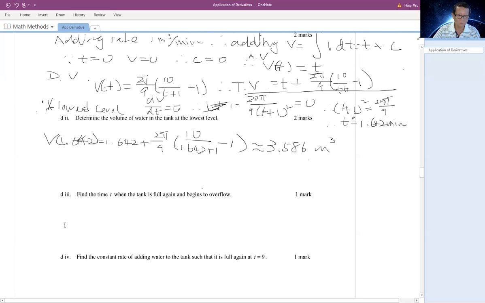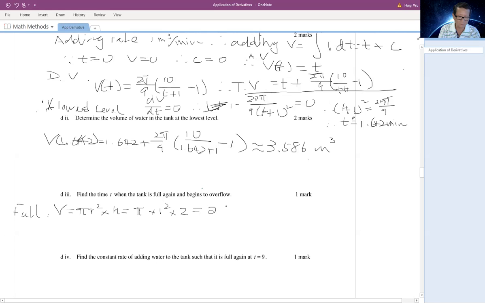So D3, find the time taken for the tank to get full again and begin to overflow. So what does that mean? It means when the tank is full, the total volume should be pi times r squared times the total height, which is pi times 1 squared times the total height of the tank, 2 meters.